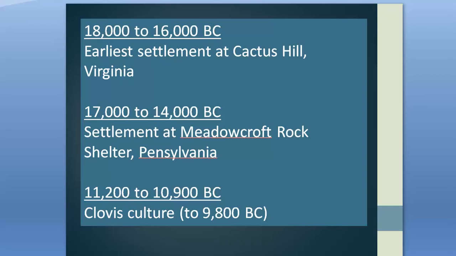DNA genome analysis provided proof that the Clovis people came originally from Siberia via the Bering Land Bridge, discrediting the Solutrean hypothesis. The Clovis culture would come to an end when a cold period known as the Younger Dryas would have an impact on the world at large, but more on that in the next episode.